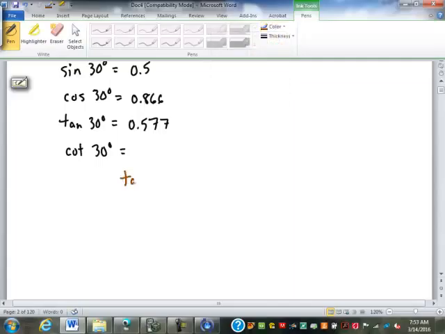You're going to do tangent 30 degrees, close your parentheses, and hit that reciprocal key, x negative 1 or 1 over x, 1 over box in some years. So it's going to be 1.732.